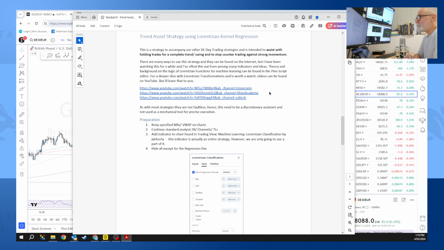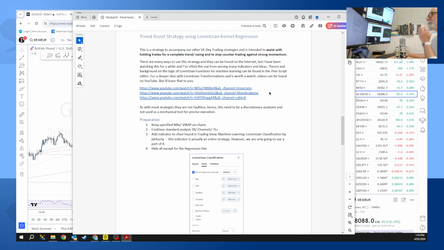But this Lorentzian makes things a little bit simpler. It will help you become a little more certain with your decision making, so you don't sit and fumble around, or have the fear, because it's kind of telling you what to do.